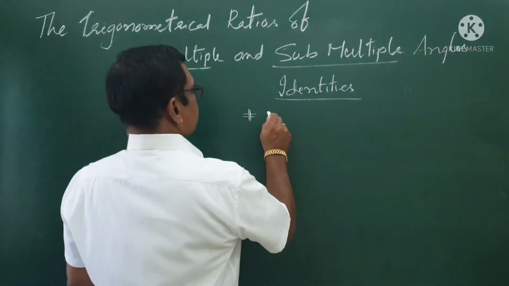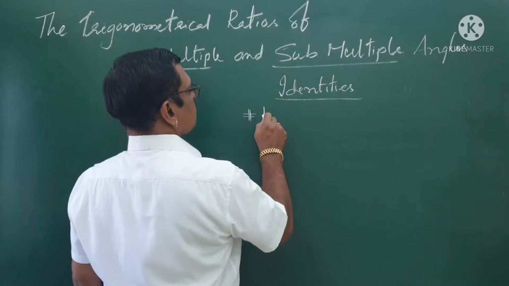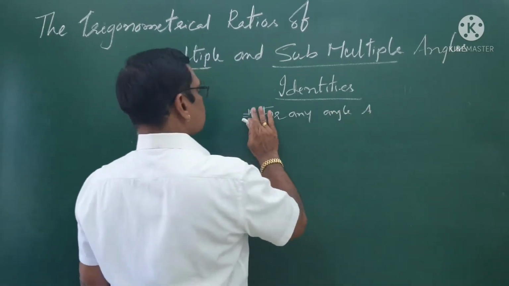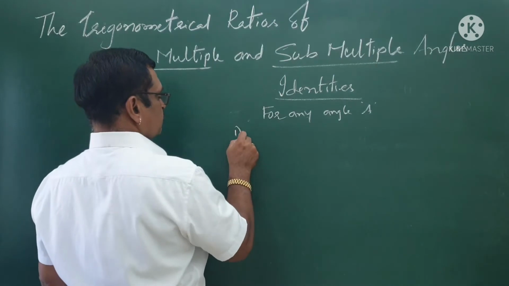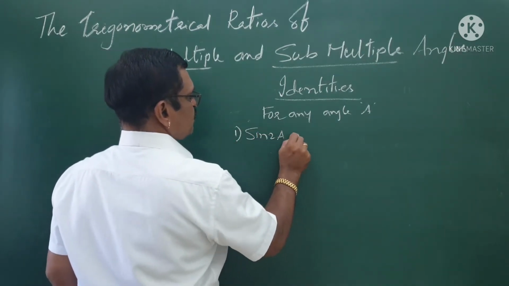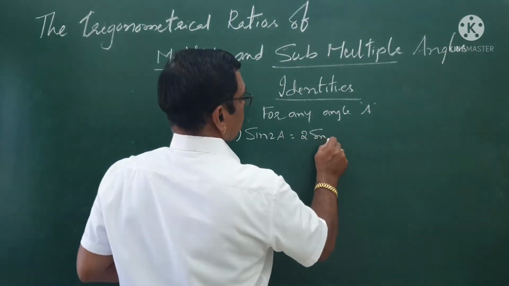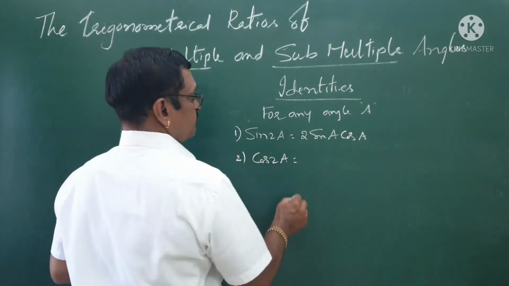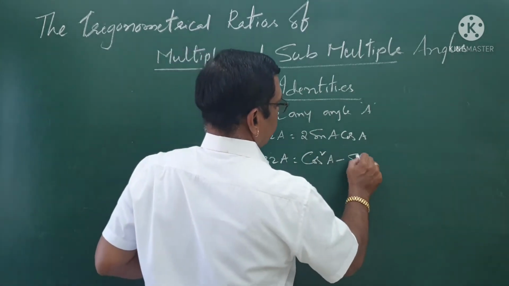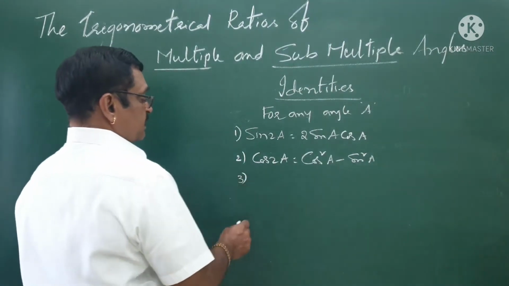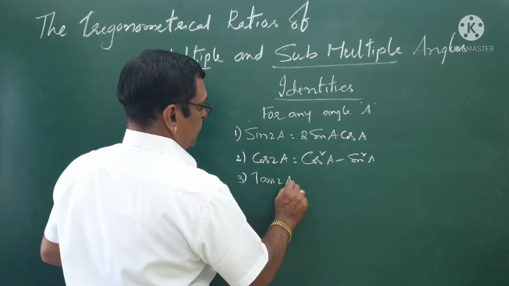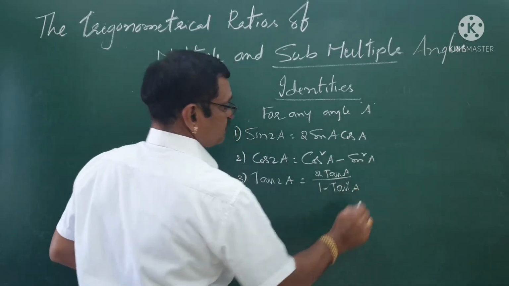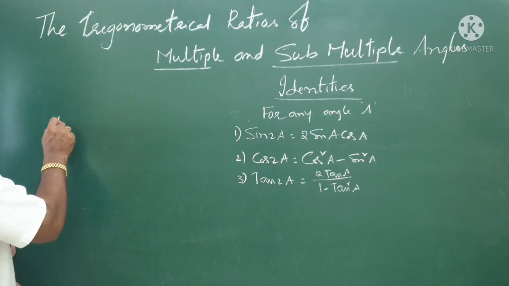Number 1, for any angle A, sin 2A is equal to 2 sin A cos A. Next, cos 2A is equal to cos square A minus sin square A. Number 3, tan 2A is equal to 2 tan A by 1 minus tan square A.